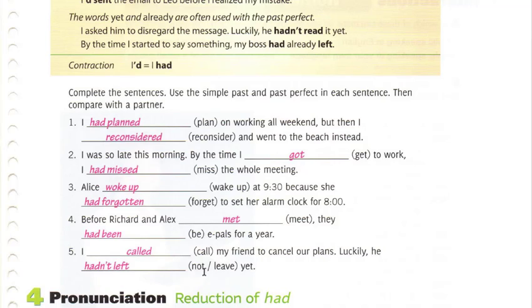We have the word not, so it's going to be negative, and we use it as a contraction with the word had. So it's a past perfect. Hadn't left. So it's I called my friend to cancel our plans. Luckily, he hadn't left yet.